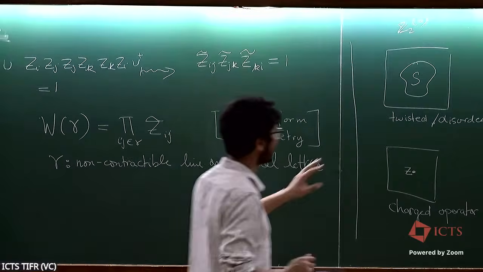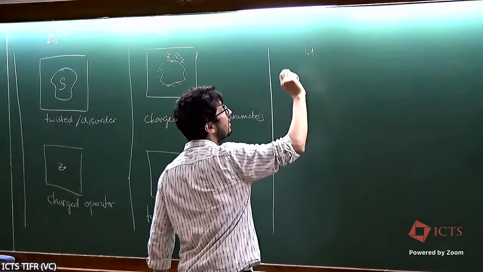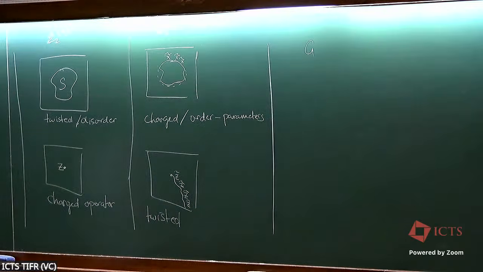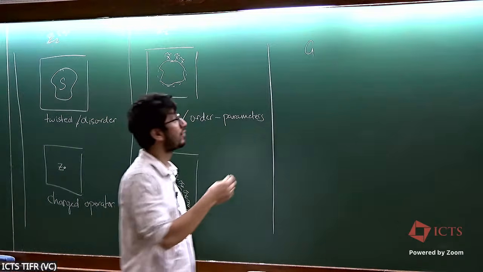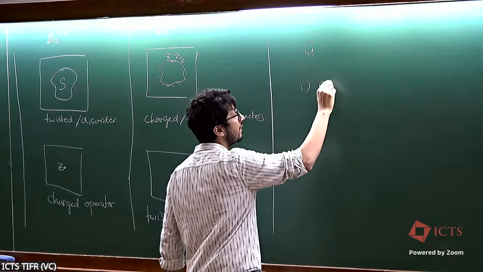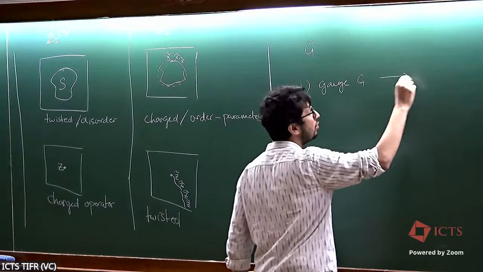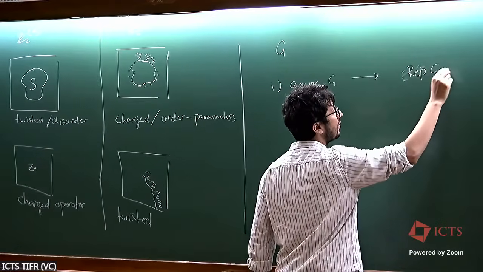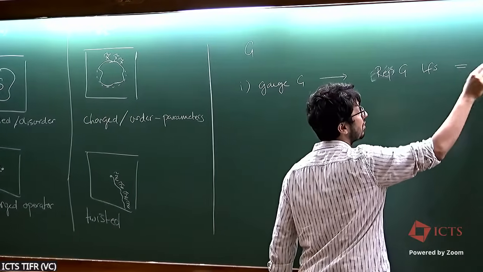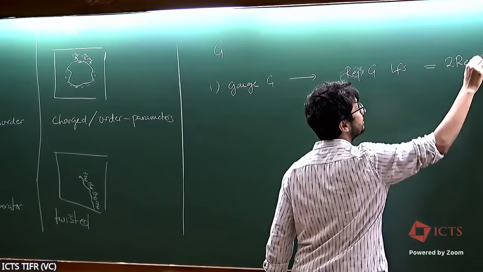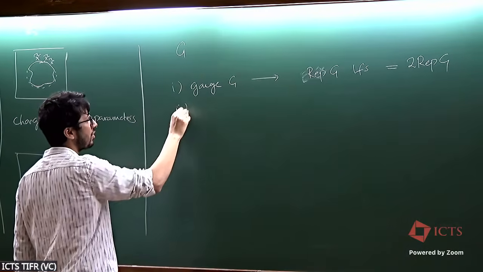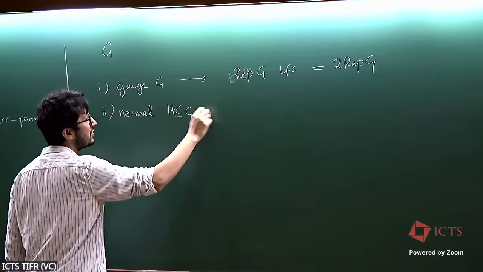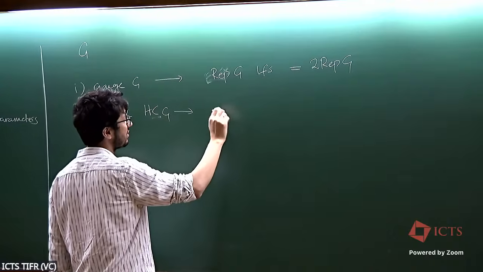Okay. So, but this is kind of a general story. If you start with some G symmetry, one can gauge subgroups or the full group and realize various dual symmetry categories. So for instance, if you gauge all of G, then the dual symmetry is something which is rep G one form symmetry, which is also called 2 rep G. If you gauge some normal subgroup H in G, then we find some 2 group symmetry in general.